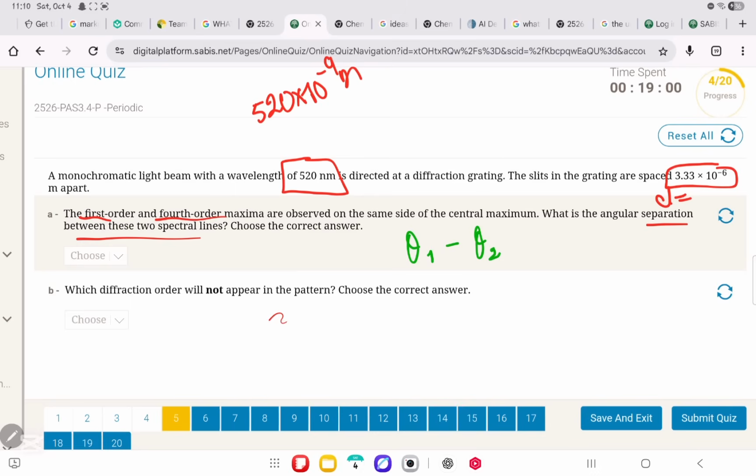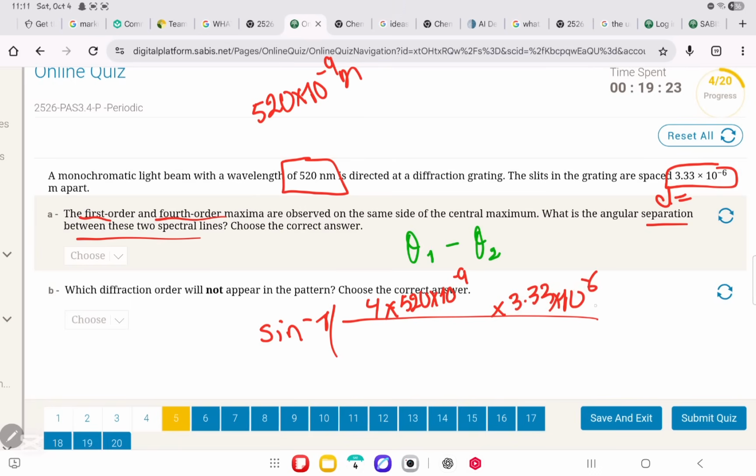That means it's gonna be sine inverse m for the fourth one, so m is gonna be 4, times lambda, which is 520 times 10 to the power of minus 9, times what? Oh no, this is d, my bad. Should be then over d. So over 3.33 times 10 to the power of minus 6.